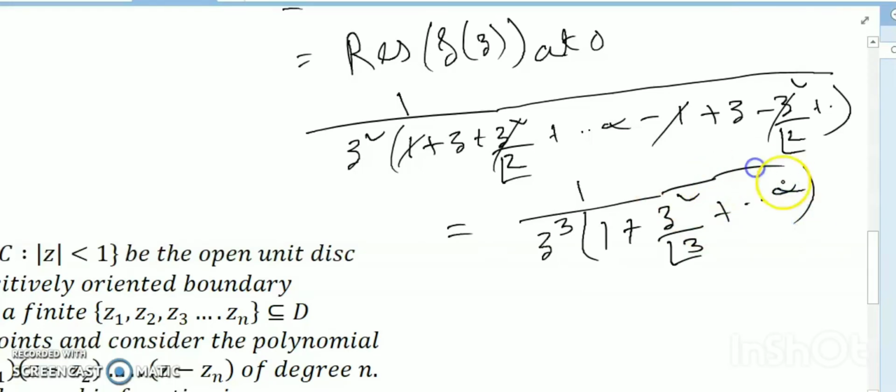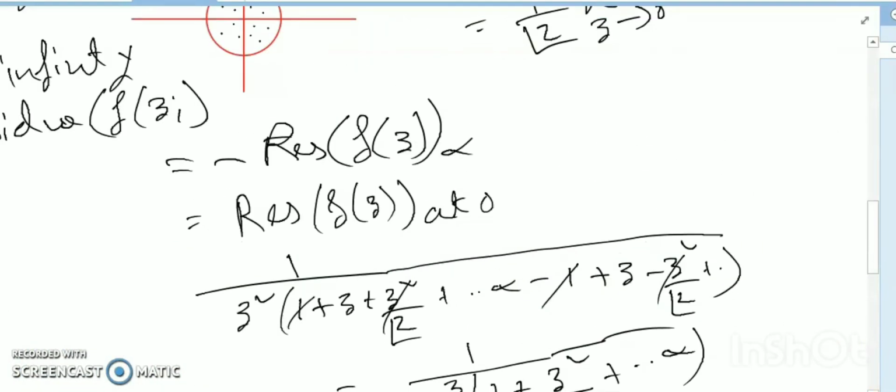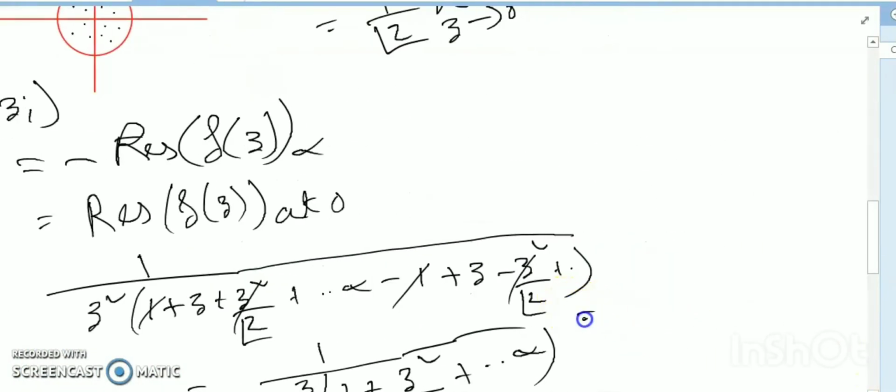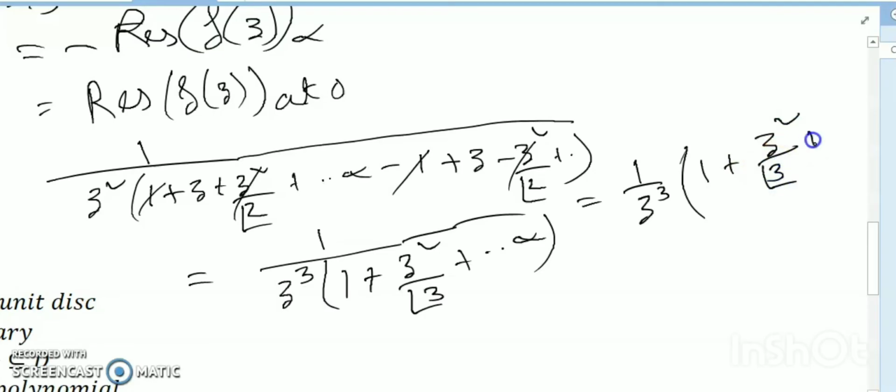This is very simple, I think, according to me, and I just apply it here: 1 by z cube into 1 plus z square by 3 factorial up to infinity, minus 1.